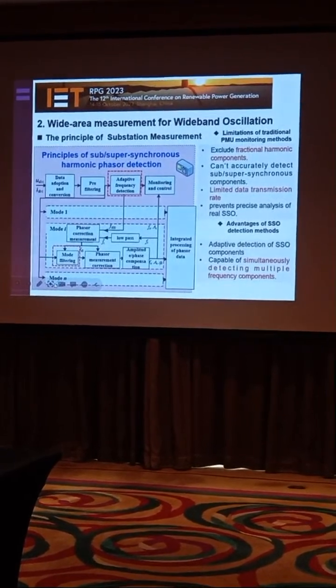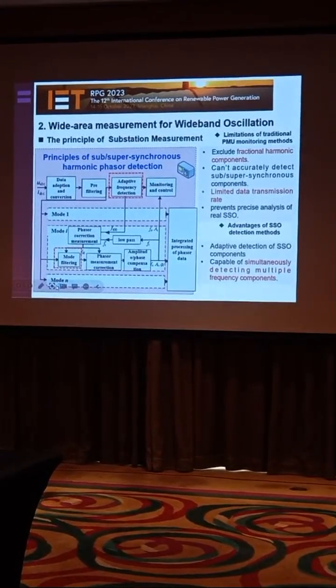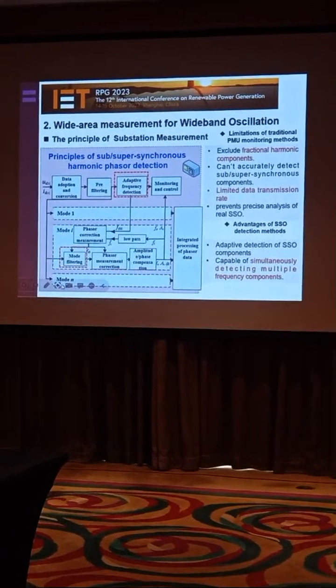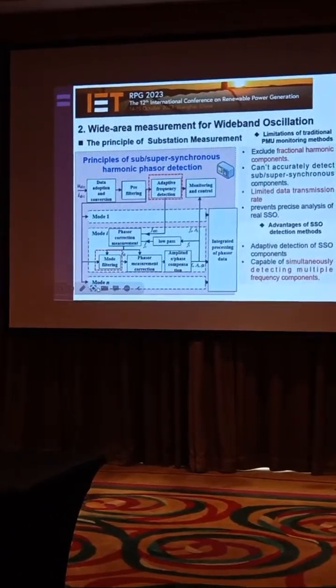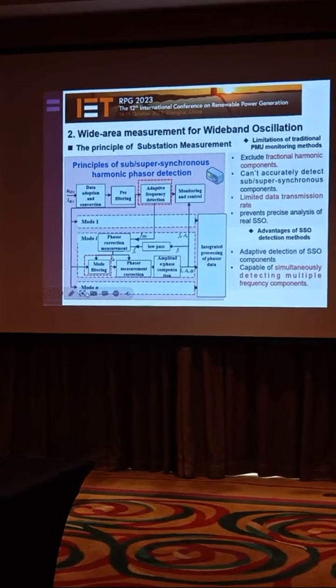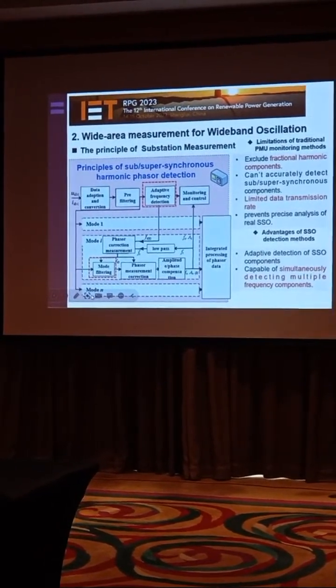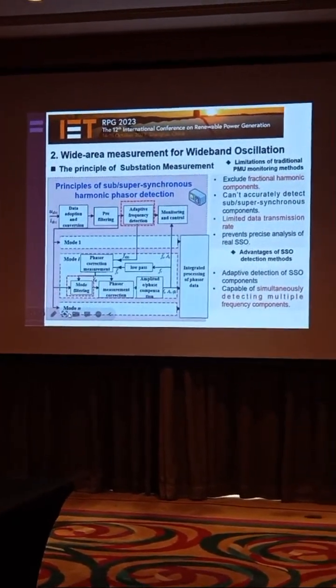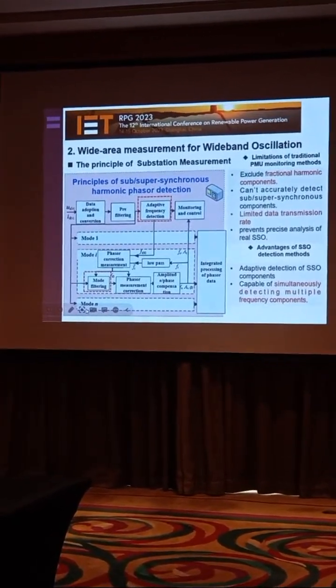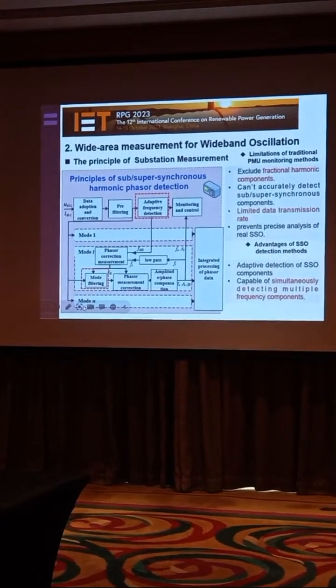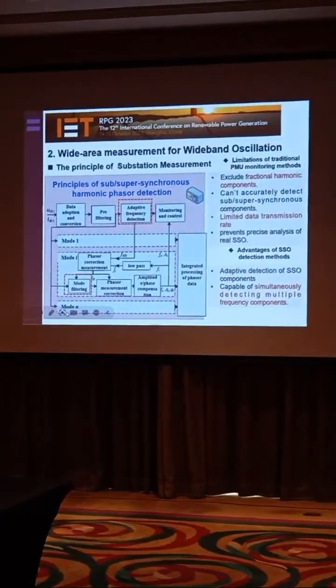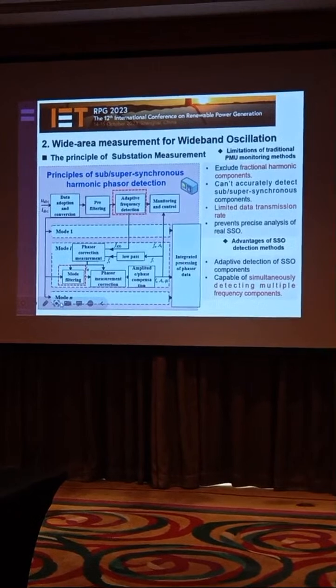The data undergoes adaptive frequency detection, then serves as the frequency reference for mode filtering and phase measurement correction within the data processing unit. Finally, the data is processed and sent to the master station after integration.